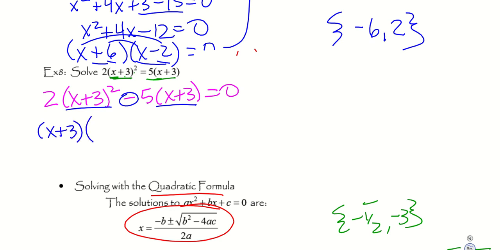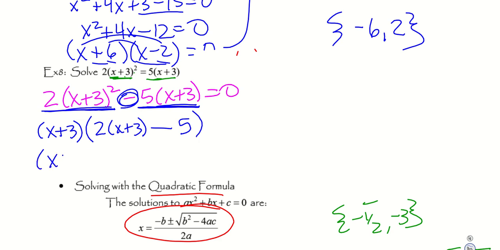My other factor is what's left when I divide each side by an x plus 3. So 2 times x plus 3 squared divided by an x plus 3 leaves me 2 times x plus 3. Then 5 times x plus 3 divided by x plus 3 leaves me with just 5.